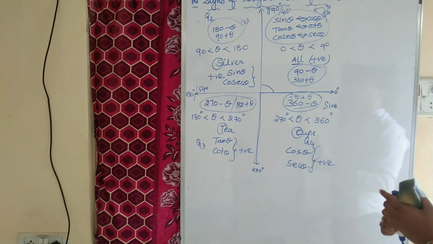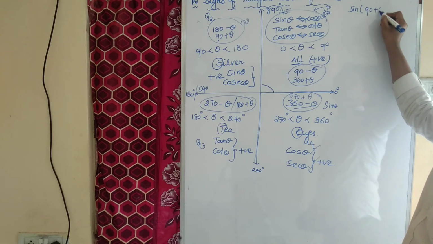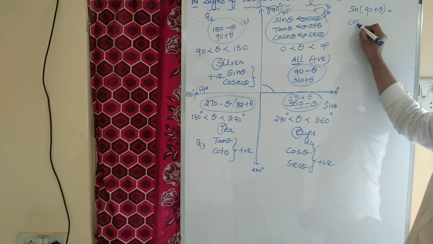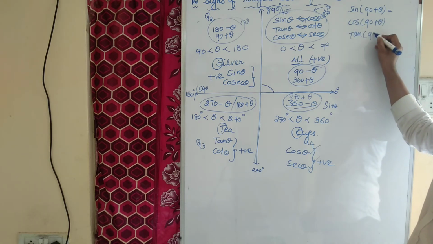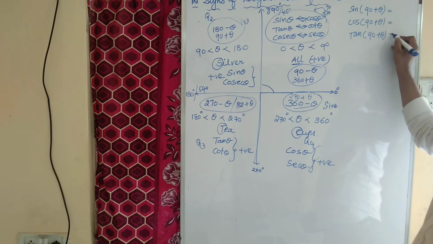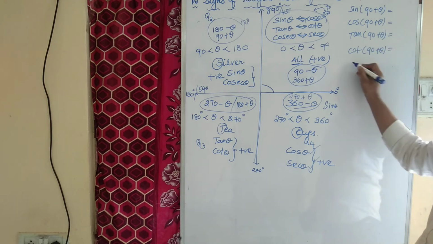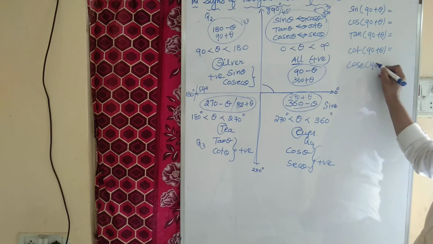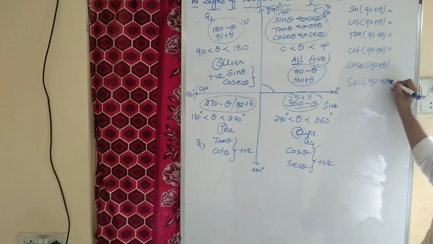Suppose it is sine of 90 plus theta, or cos 90 plus theta, or tan 90 plus theta, cot 90 plus theta, cosec 90 plus theta, sec 90 plus theta.